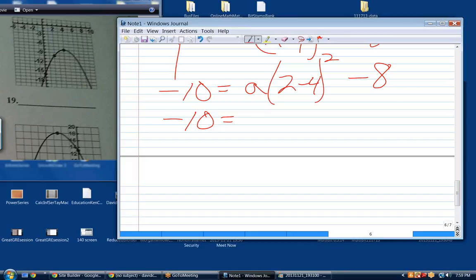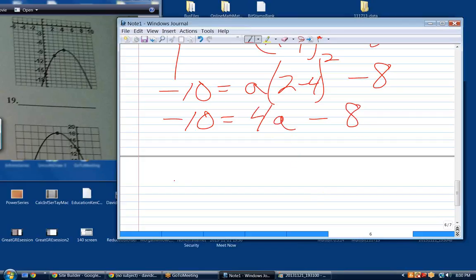What's 2 minus 4? Negative 2. What's negative 2 squared? 4. Okay, so we got 4a minus 8.